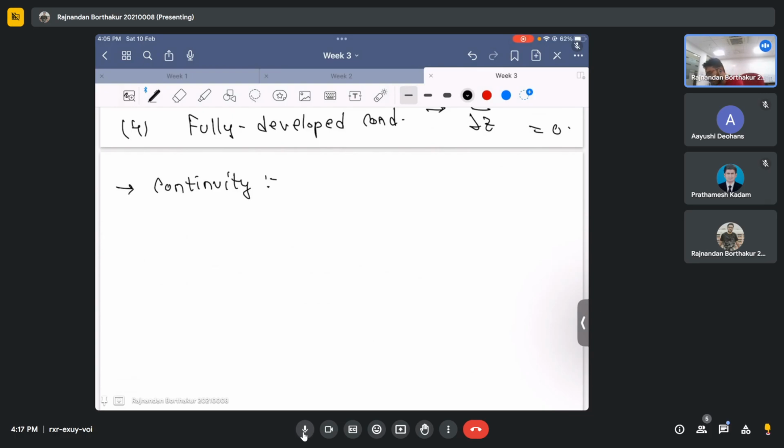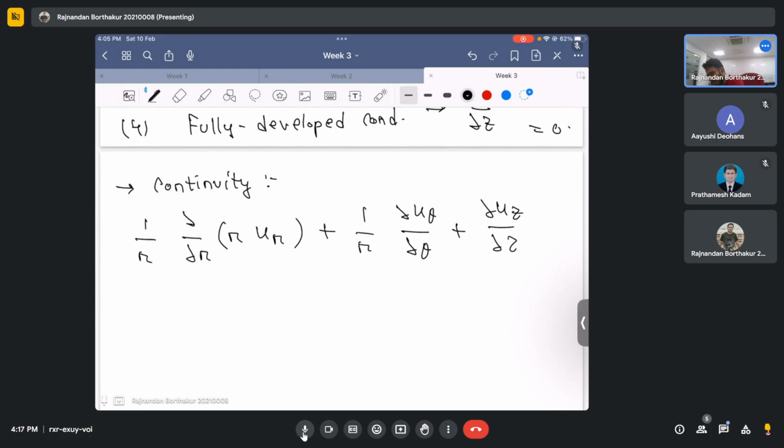The continuity equation in cylindrical coordinates looks like this: 1 by r del r of r ur plus 1 by r del u theta by del theta plus del uz by del z equals 0. All right, so this is the continuity equation.